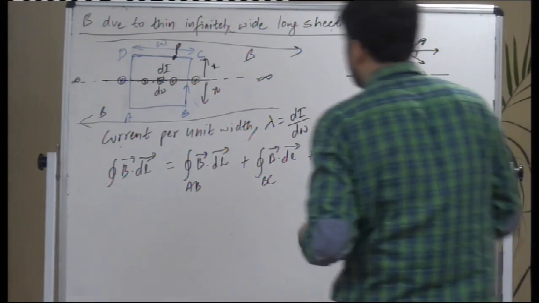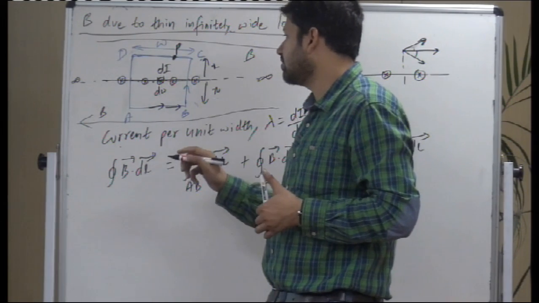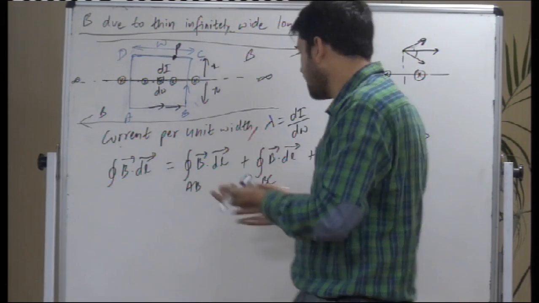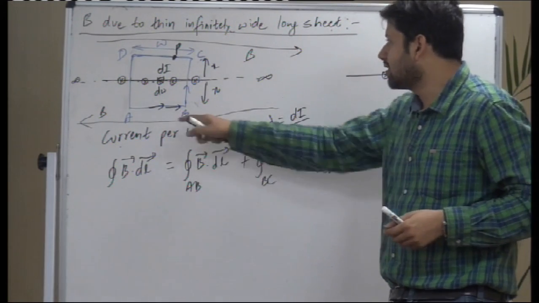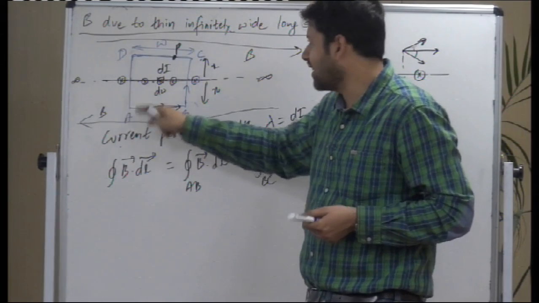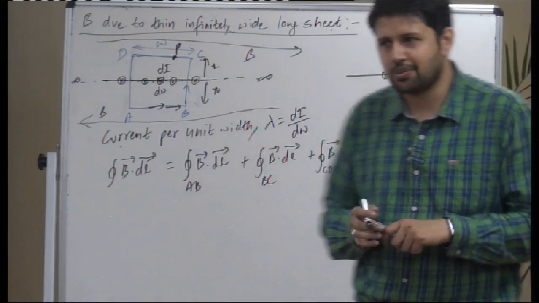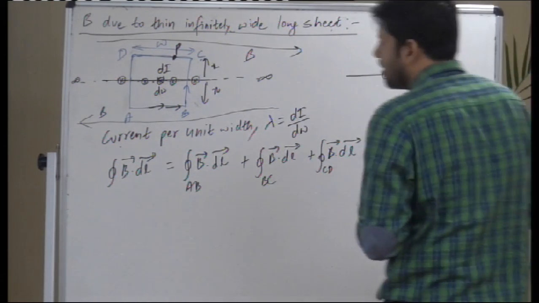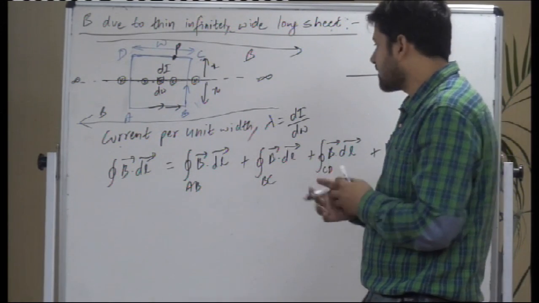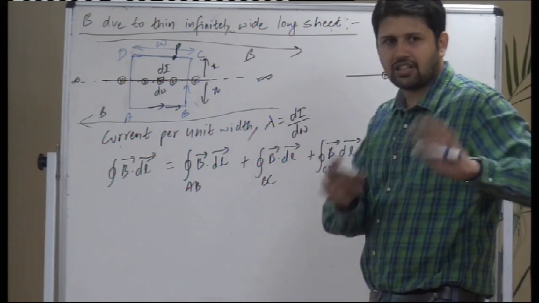We have taken from A to B, the dl movement would be like this. We have taken it opposite. Obviously we can anytime change it. I can say my mood changed, I am no longer going from ABCD, I am going ADCB or DCBA. I am interested only in the magnitude. So let's go ahead with the same directions and let's remove the negative sign in the last step.